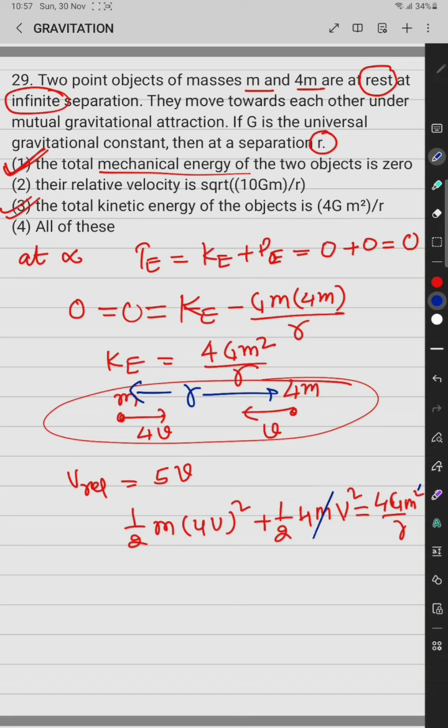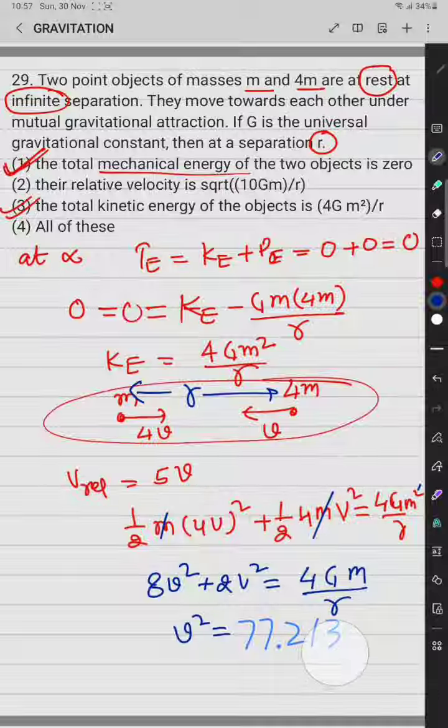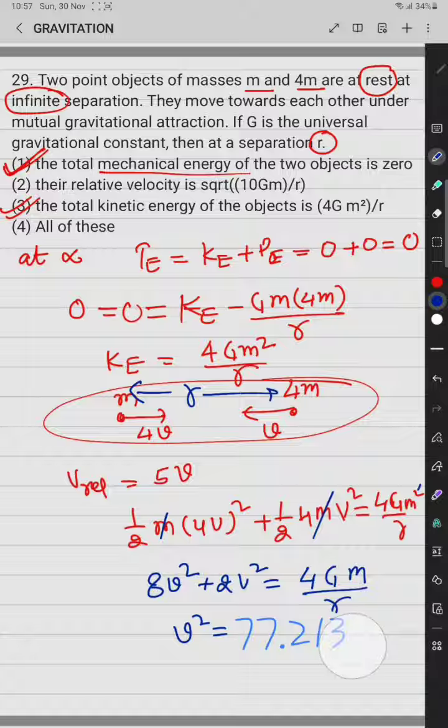Then we can say 8v square plus 2v square is equal to 4GM by r. So 10 v square is equal to 4GM by r by 10.